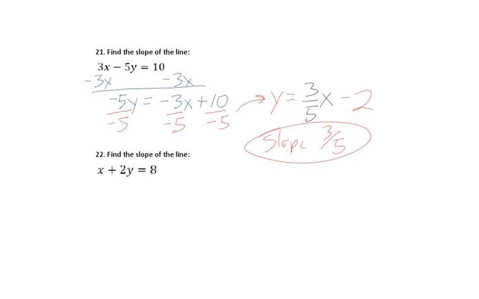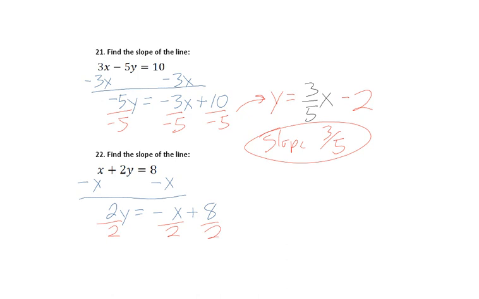Let's do the same thing for question 22. Again, y is not alone yet, so I've got to make it alone. To do that, let's subtract x. So 2y equals negative x plus 8. Now divide everything by 2.